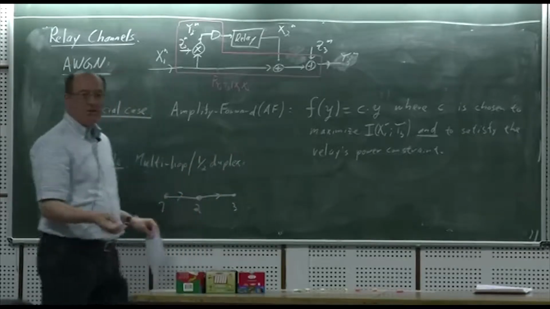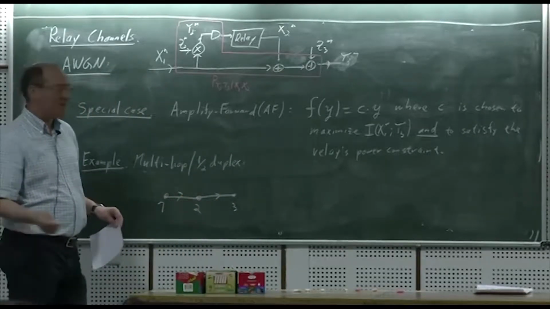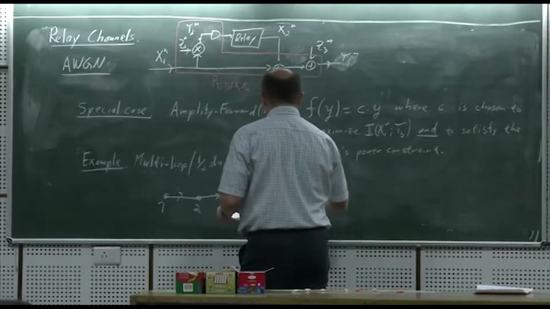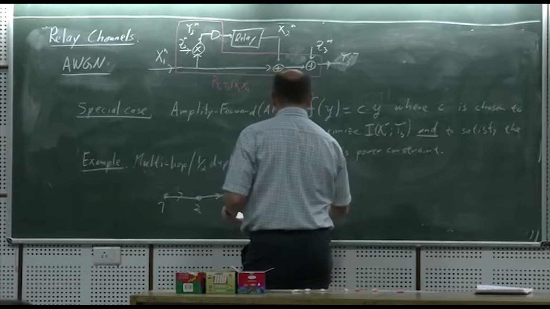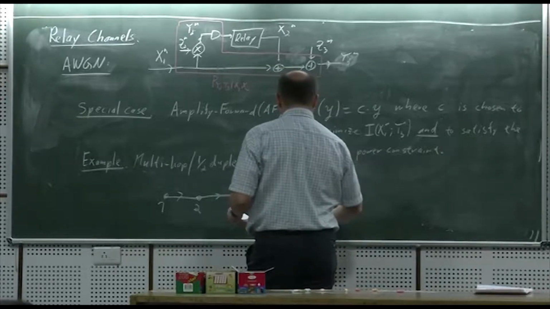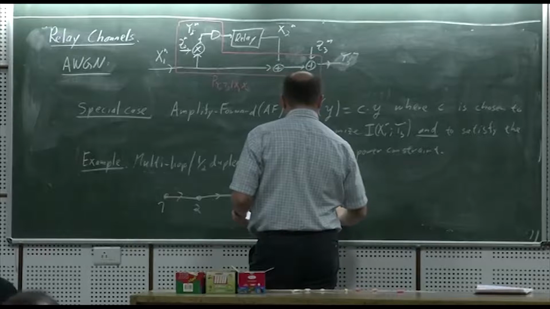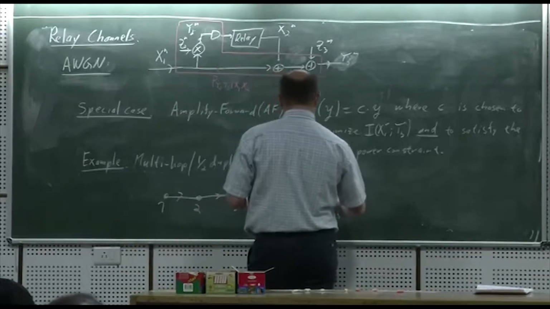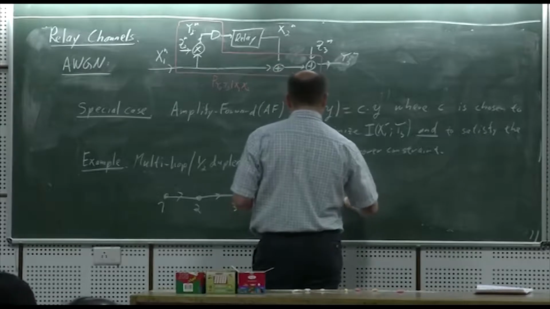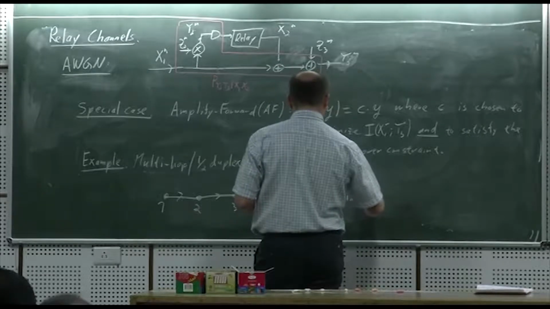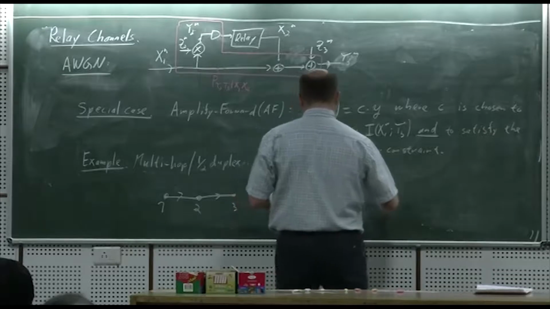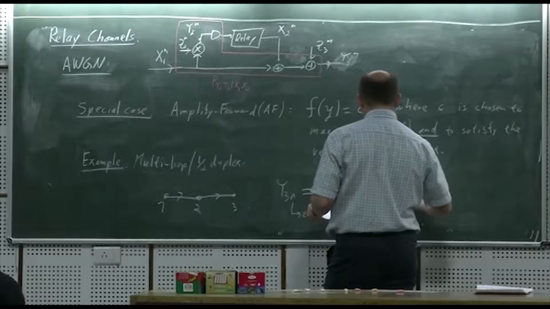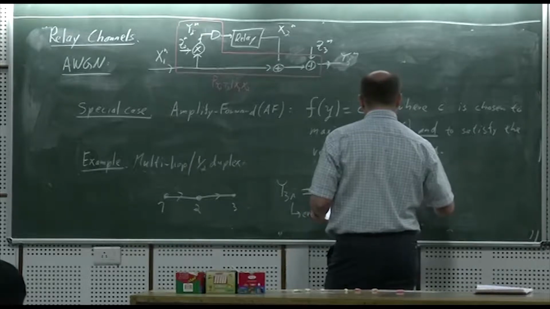In this case, it's quite easy. We just get a point-to-point channel, because all that's happening is y3 at every second time instance, so at even times. At even times, we're just going to see c x1[i-1] plus c times z2[i-1] plus z3[i].